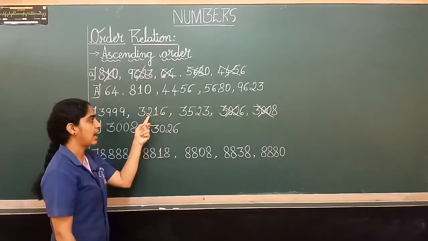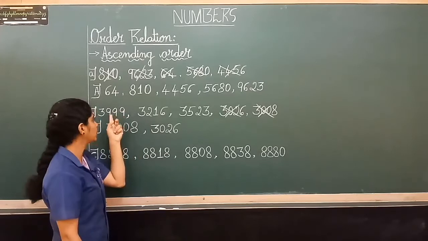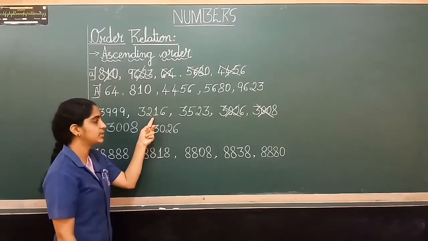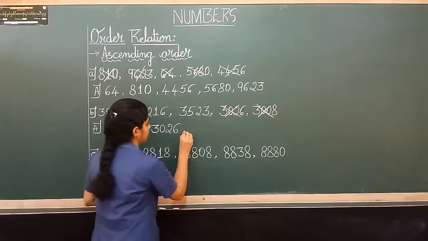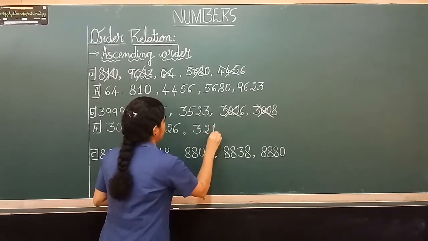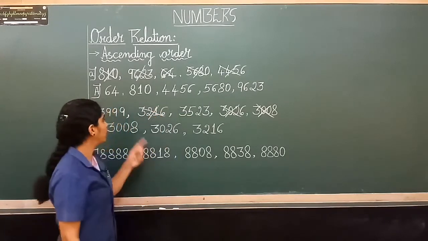Yes, as 2 is smaller compared to 9 and 5, this is the smaller number. We have to write this number next, 3216.